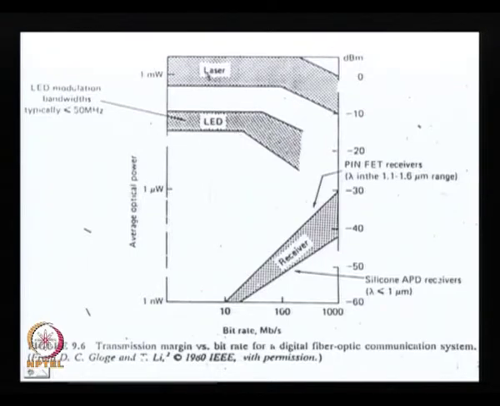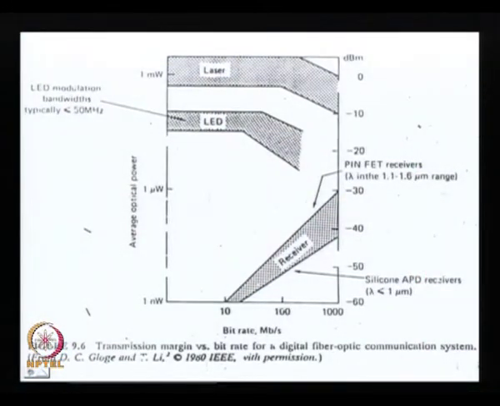But typically if you are using the laser diode, then the transmitter has 1 milliwatt of power, and normally the power in optical link design is measured in terms of what is called dBm. That means we take 1 milliwatt as a reference power, and every power is measured with respect to 1 milliwatt.